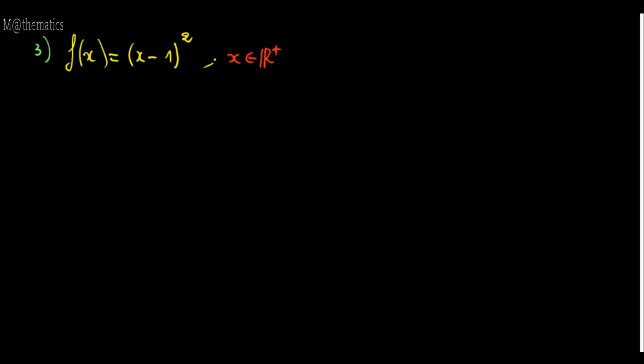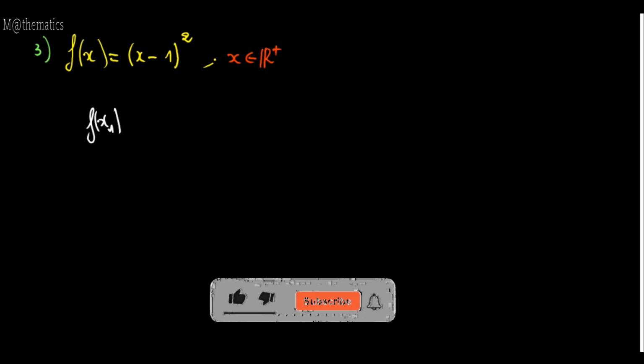Let's try another example. f of x is equal to x minus 1 squared, where x is a real positive number. Let's assume f of x1 is equal to f of x2.